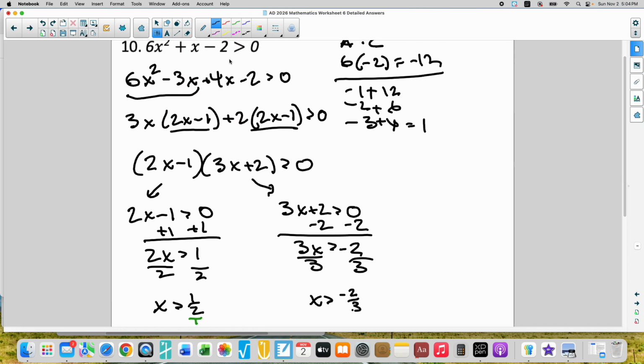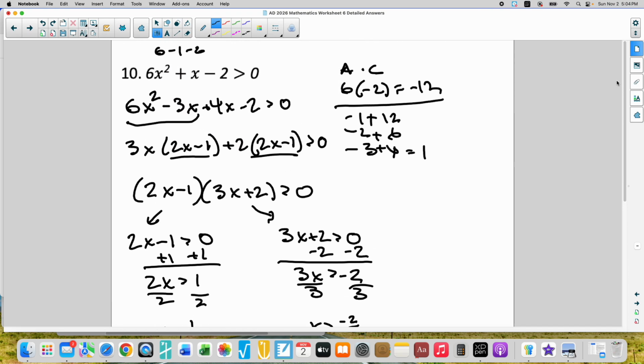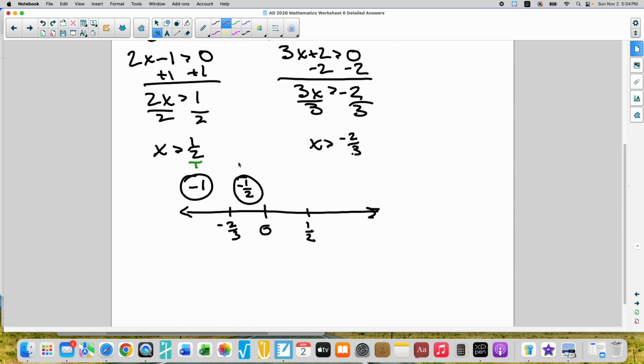Negative 1/2 squared gives us 1/4, times 6 gives us 3/2, which gives us 1 when we add the negative 1/2. 1 minus 2 is negative 1. Negative 1 is not greater than 0, so that area is false.